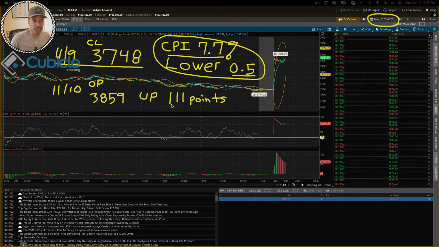Now, this is very unusual for the market to move such a great distance in a short period of time, and particularly right out of the gate.